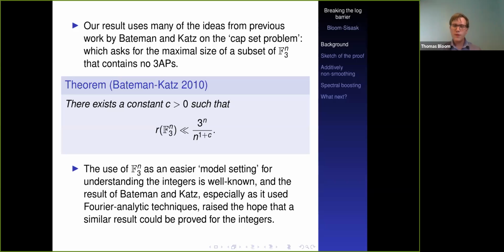And in particular, when this result of Bateman and Katz came out, especially because it did use the Fourier analytic techniques, this density increment framework that had been very successful in the integers so far, it definitely raised the hope that by adapting their methods, a similar kind of bound could be achieved for the integers as well. And I guess you can view this result of myself and Olof as fulfilling this hope.